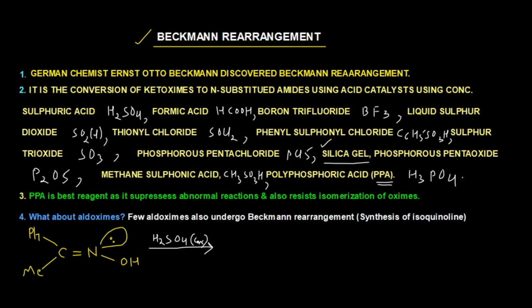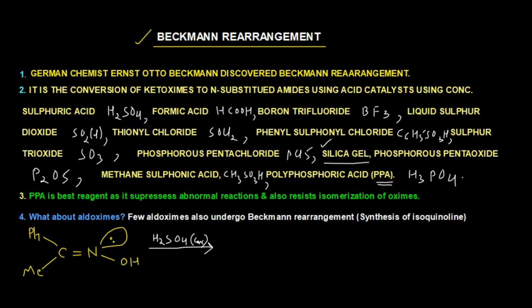We only see the group which is anti to the OH group, and the group which is anti to this OH will always migrate in this reaction. So here you can see this OH and this methyl, they are the cis or Z type of configuration in that case, right? And this phenyl is actually the trans or say E type of relationship between this OH and the Ph. So this Ph will migrate.